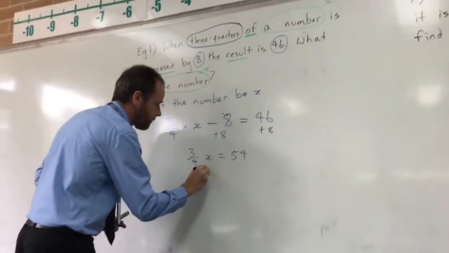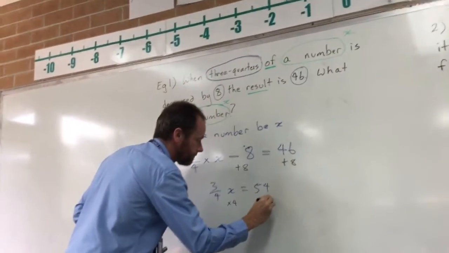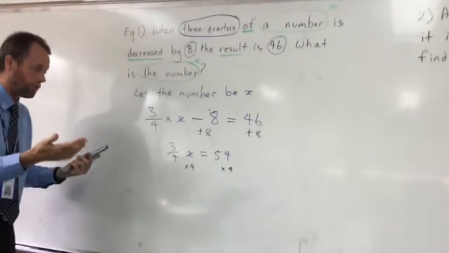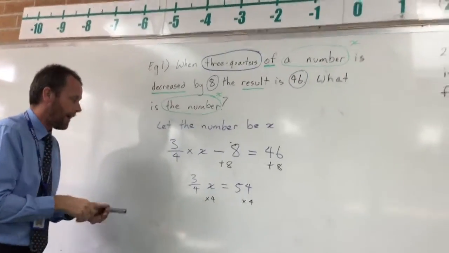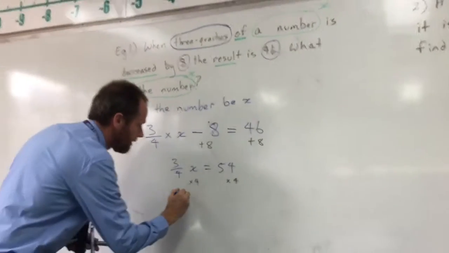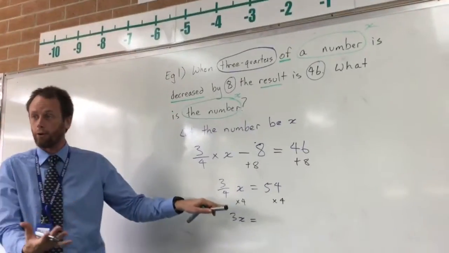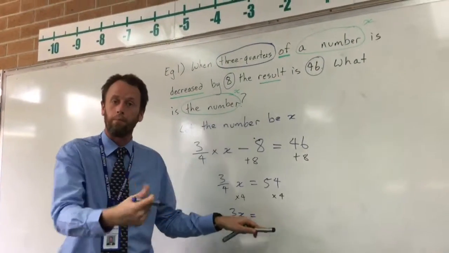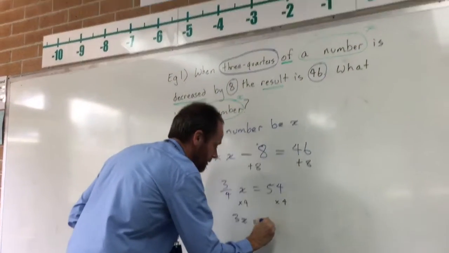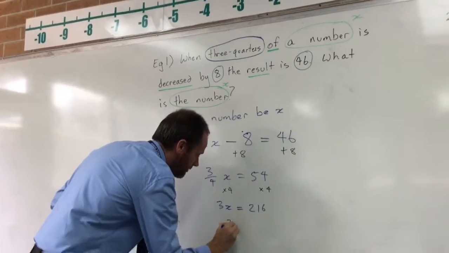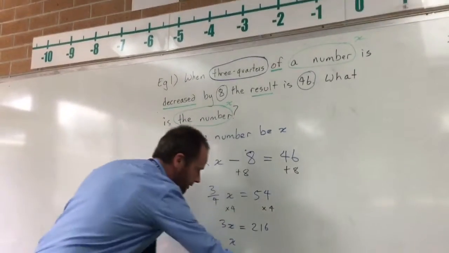So, to begin with, I'm just going to times by 4. You could, of course, just quickly chuck it in your calculator. And you end up with here, 3x equals now 54 times 4. 54 times 2 is 108. Multiplied by 2 again is 216.